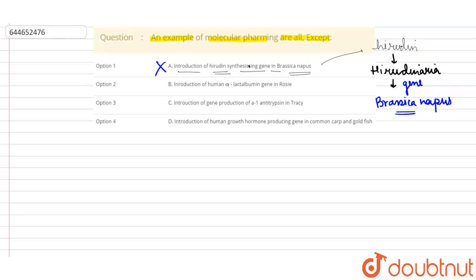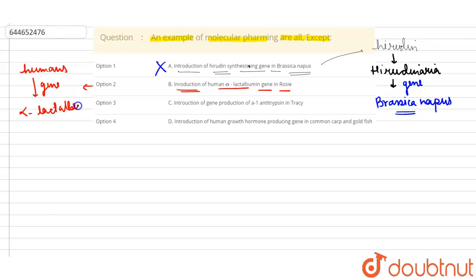Let's move on to option B, the introduction of human alpha lactalbumin gene in Rosie. Option B says that a gene from humans has been taken, and the gene is responsible for the synthesis of a compound known as alpha lactalbumin.